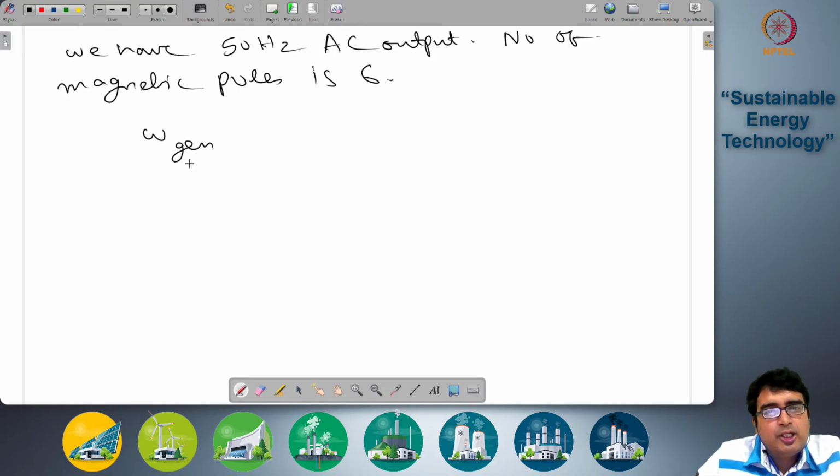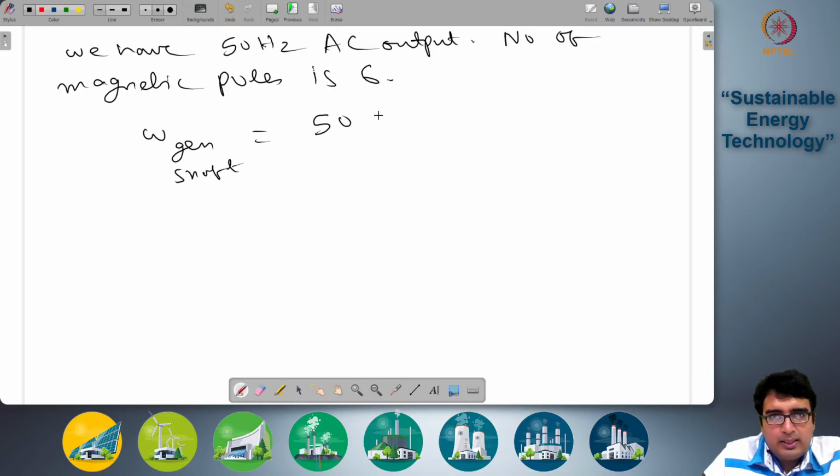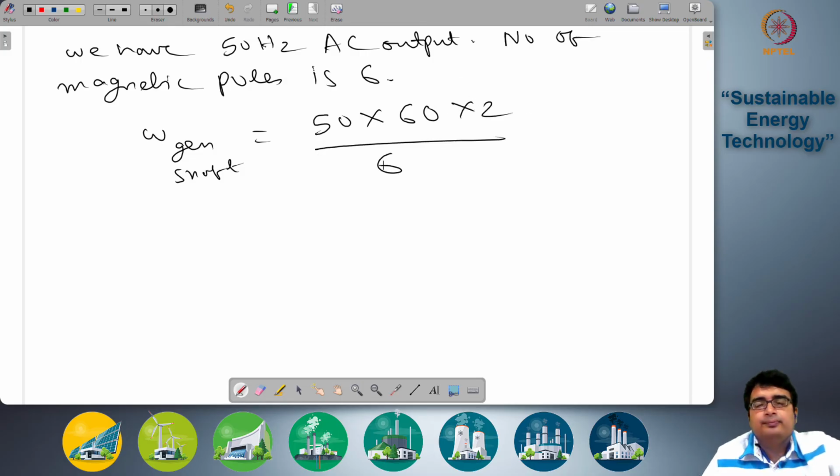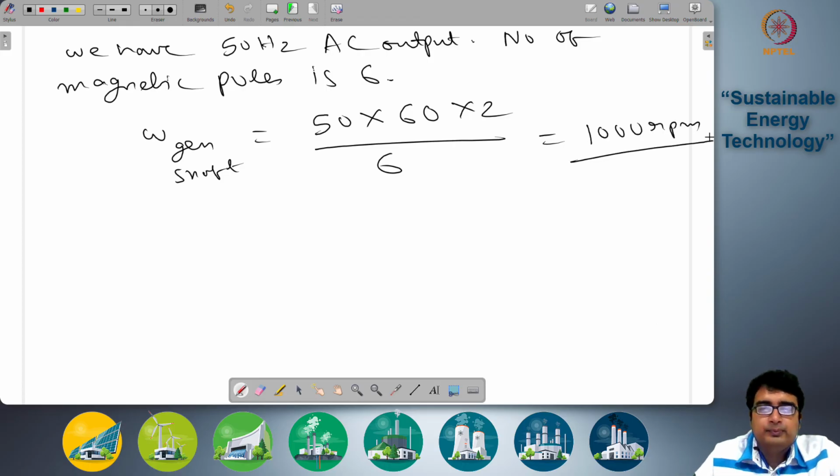So omega of the generator shaft is the 50 hertz AC output, 50 into 60 into 2 by 6. Okay, so this is the AC output rate, this is the number of magnetic poles, 60 is basically the conversion factor from radians per second into RPM for this case, and 2 is another formula there. Okay, so this gives you equal to, and we have discussed this conversion before, right? This gives you 1000 RPM, fine.